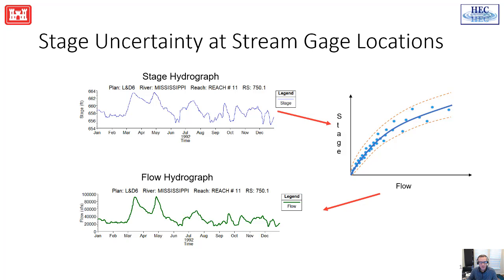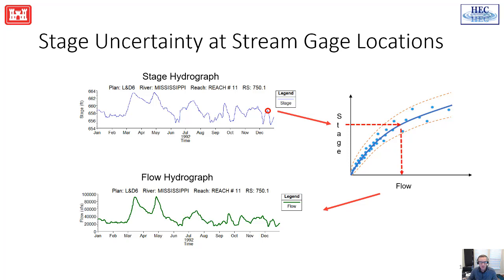A future event comes along and we have already established our rating curve for the system. As that flow event occurs along the river, we go to the gauge station and we can record stages. If we take a particular stage for that event, we can go to the mean rating curve and get a flow.